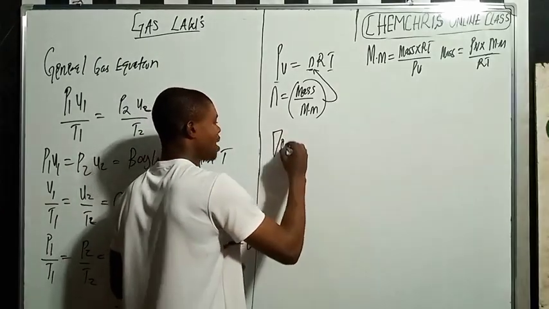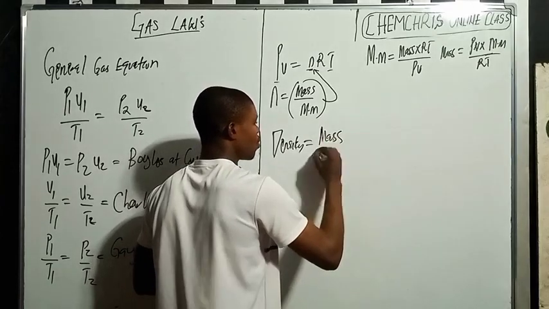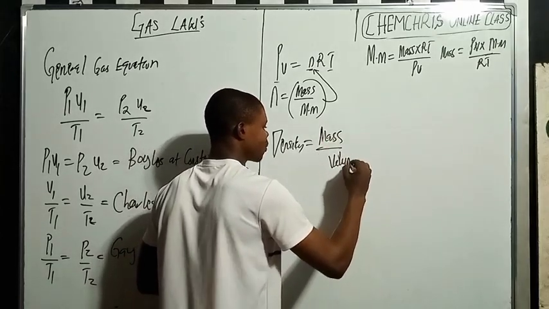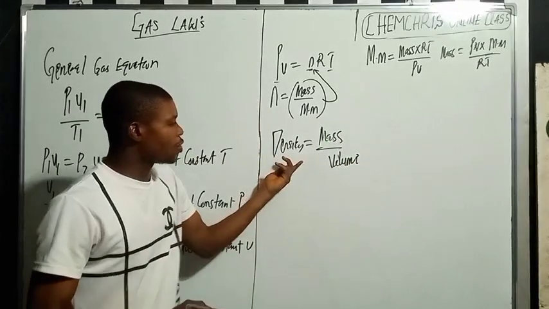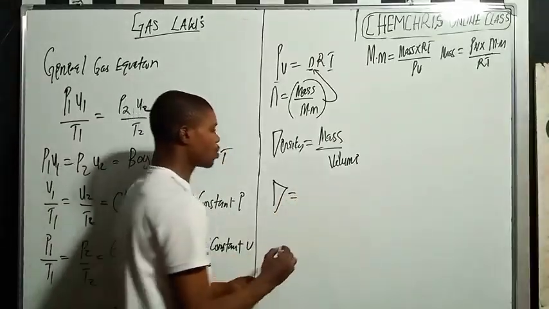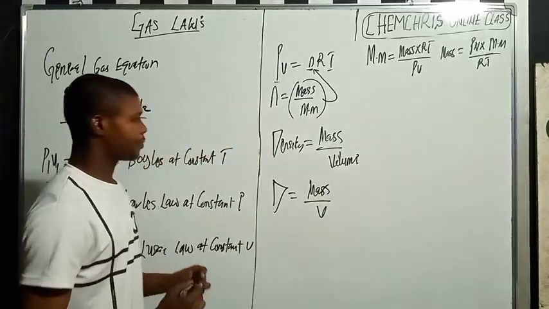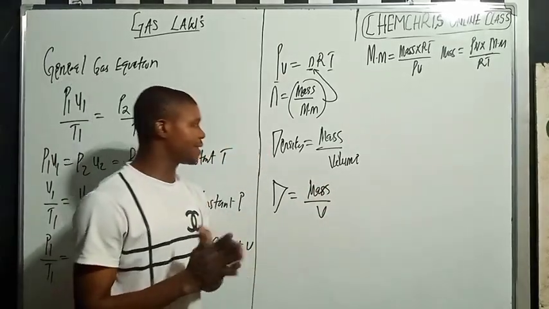Density of the gas, density equals mass over volume. I just want to use the symbol D. Density equals mass over V.